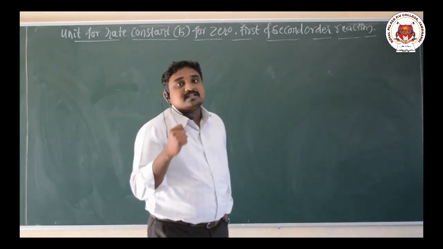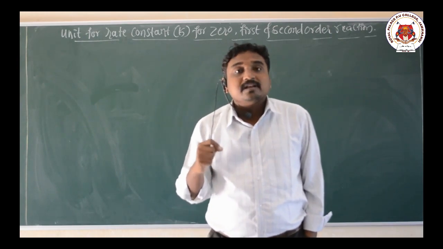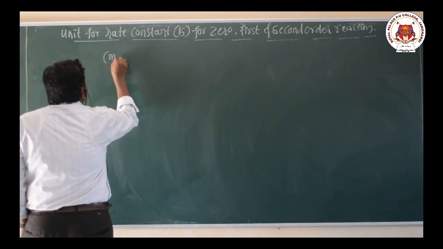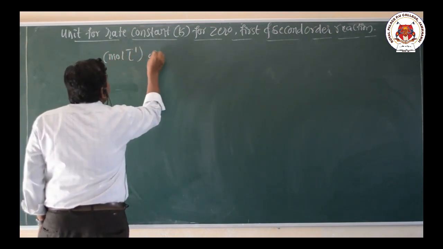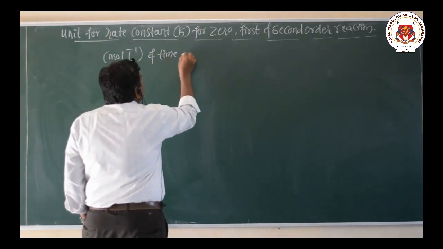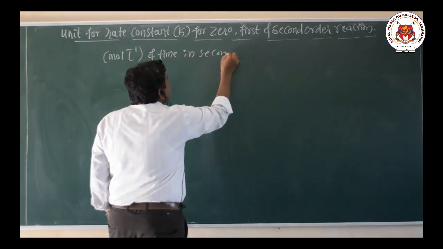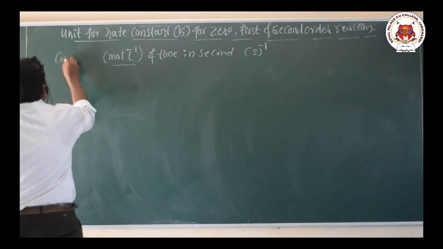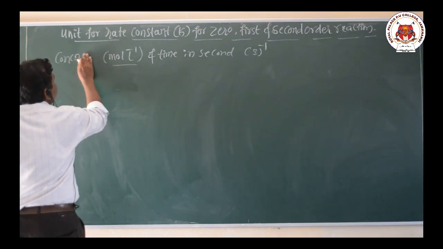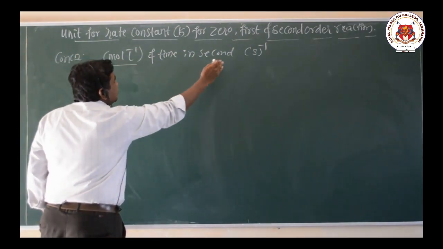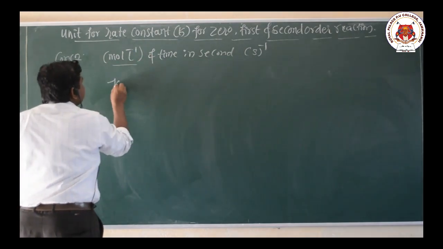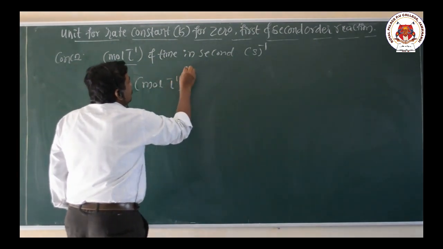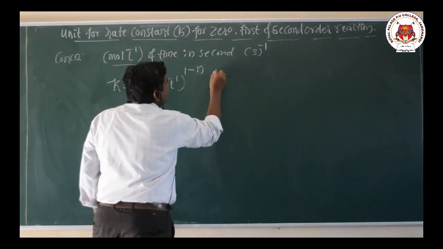When the concentration is in mole per liter and the time is in second, that is per second, then the unit of K becomes (mole per liter) to the power 1 minus n, per second.